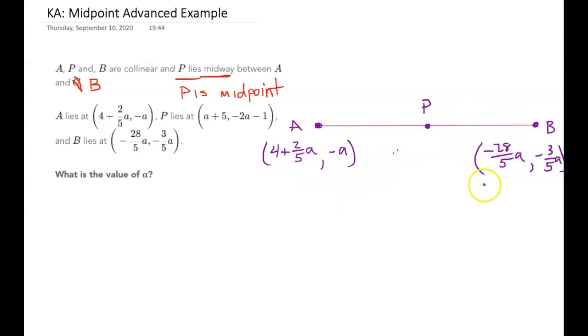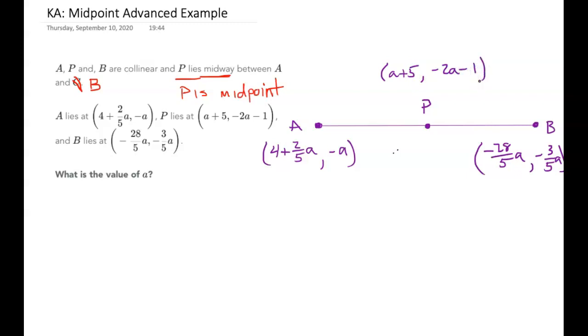That's fine, they're algebraic expressions, not numbers, but we'll treat them just like numbers. And P, the midpoint, has coordinates of A plus 5, comma, negative 2A minus 1.